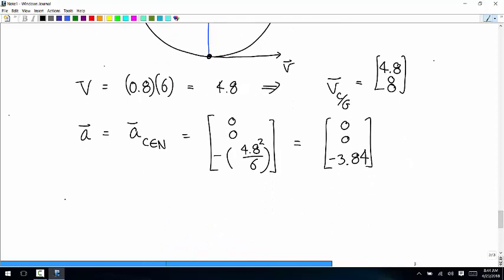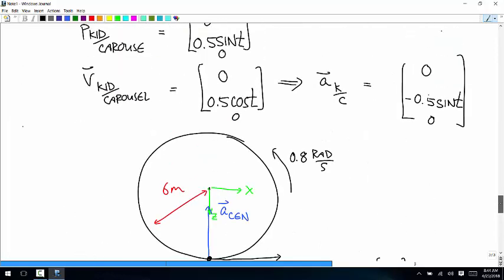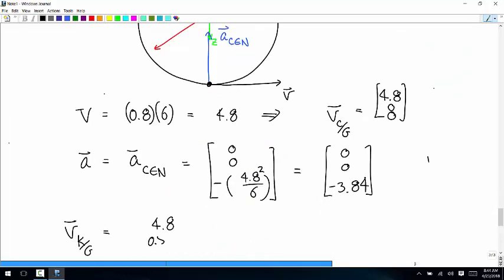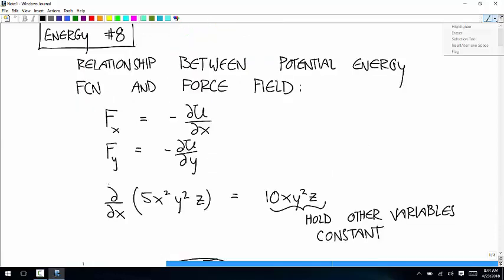So the velocity of the kid relative to the ground is equal to 4.8, and then in the y direction, 0.5 cosine t, 0.